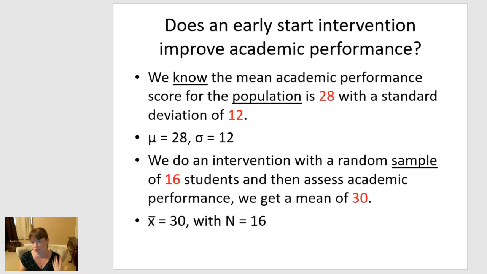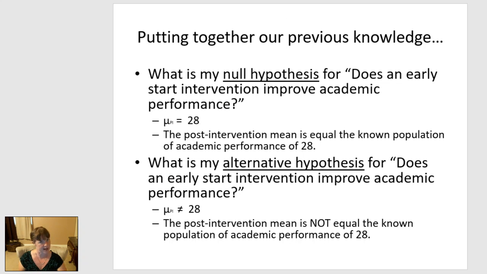So let's refresh our memory of what the null hypothesis significance testing approach does. The null hypothesis says: does an early start intervention improve academic performance? No, it doesn't. In the population, post-intervention, that's why I have mu sub pi here, the average is still 28. Even the kids who get Head Start are still going to have an average of 28.